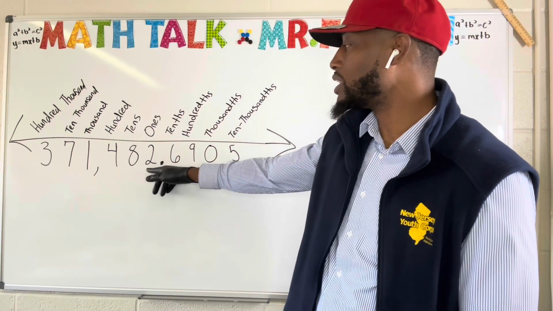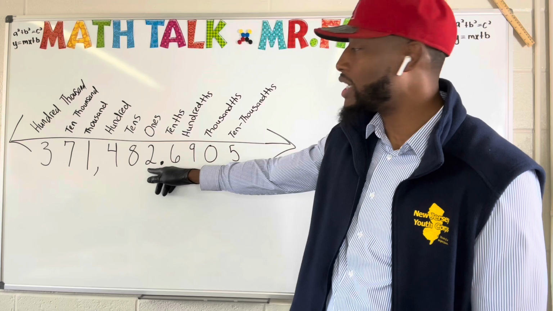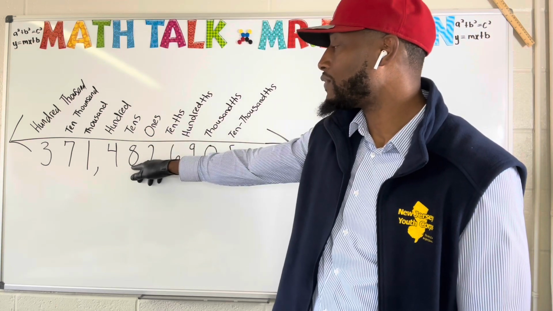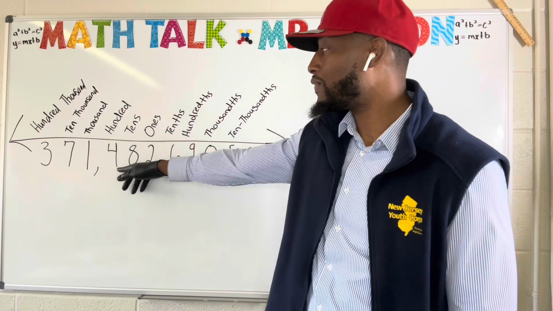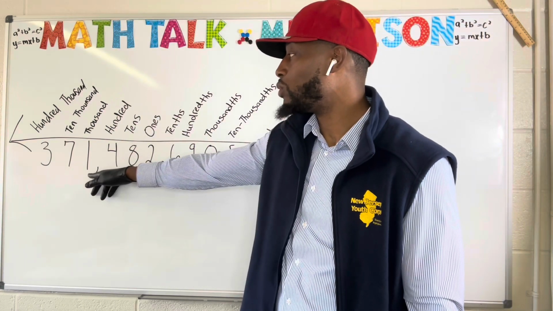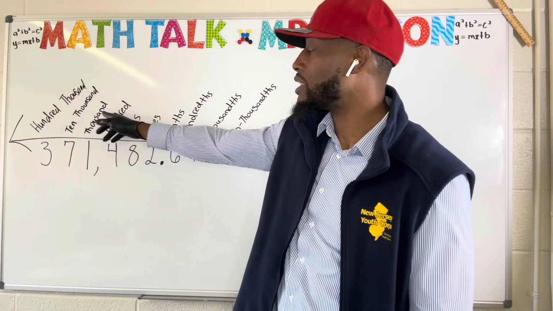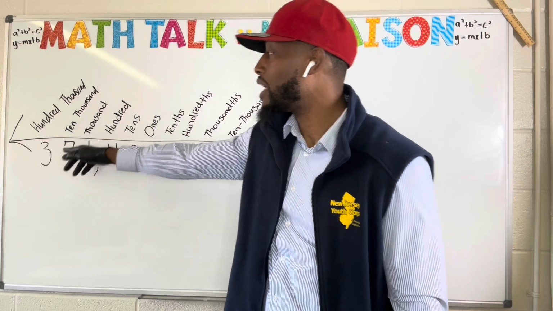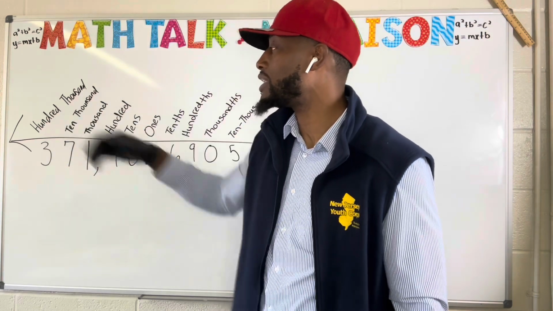The first number, a 2, falls in your ones place. The 8 falls in your tens place. The 4 falls in the hundreds place. The 1 falls in the thousands place. The 7 falls in the 10,000s place, and the 3 falls in the hundred thousands place.